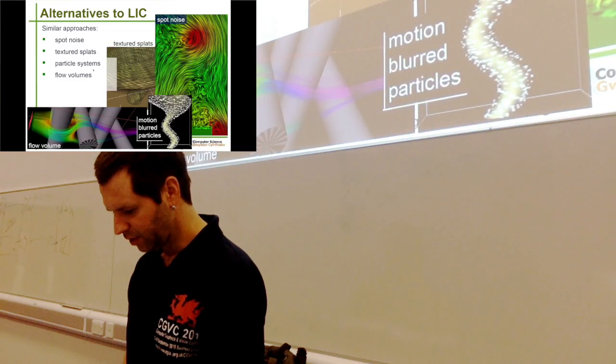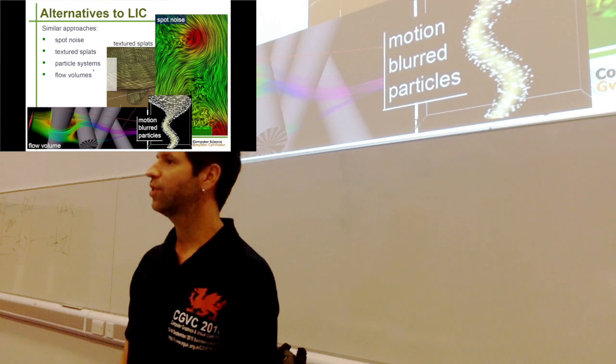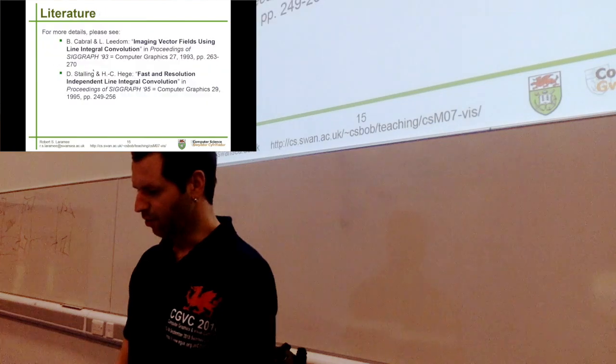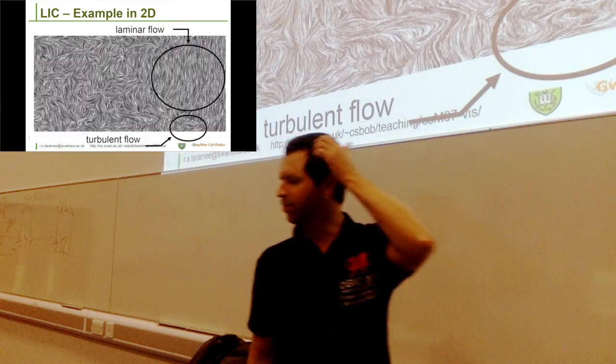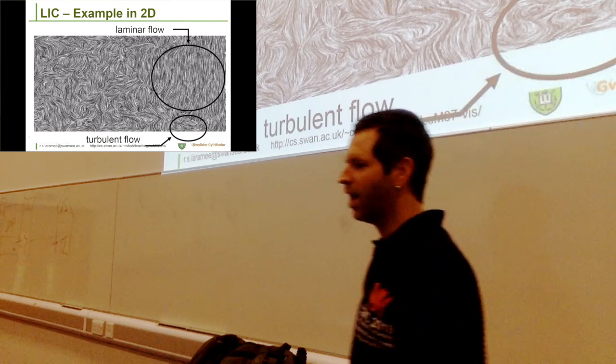Any questions about that texture-based flow visualization? Yeah, you said it used to be slow and now it's fast. What sort of speed up are we talking about? How much has it changed? So the original LIC algorithm to compute an image like this would take a few minutes, or maybe a minute, or something like that.